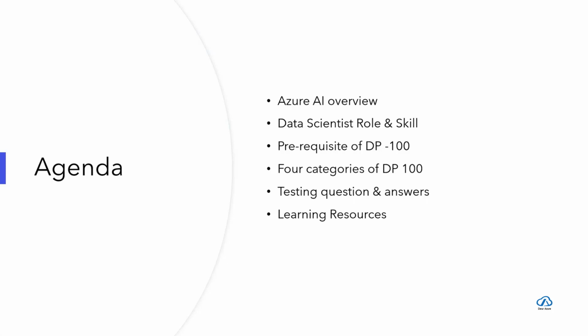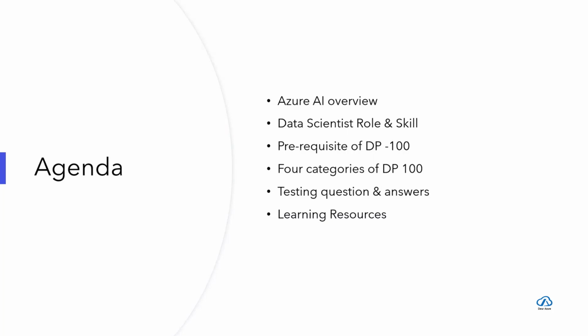Like AI 100 and AI 900, this session will have a lot of practice testing questions and answers. I expect everyone to participate. You can speak your answer, or just type it in the chat. I will monitor that.